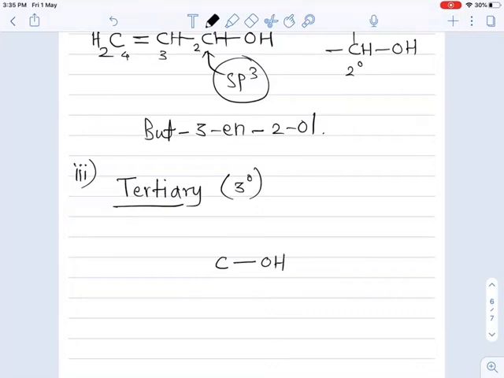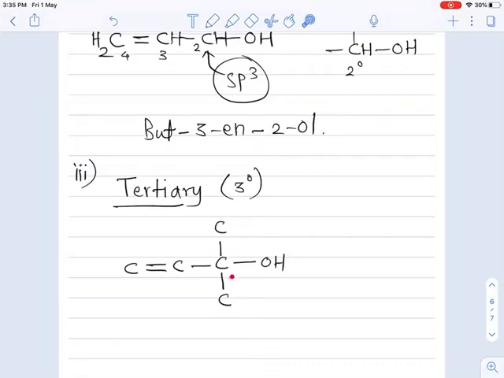Now what is meant by allylic alcohol? The carbon which is further attached to a carbon-carbon double bond. Now this carbon we require here tertiary, which means it is attached to 2 more carbon atoms.